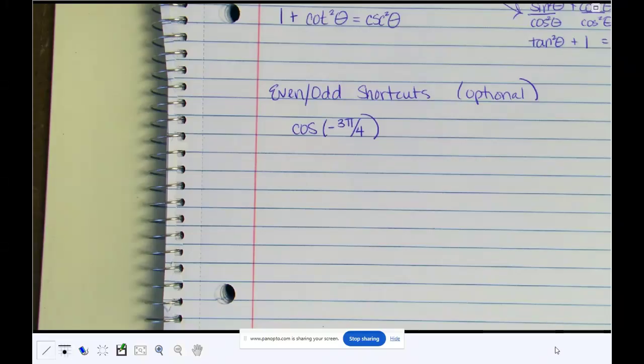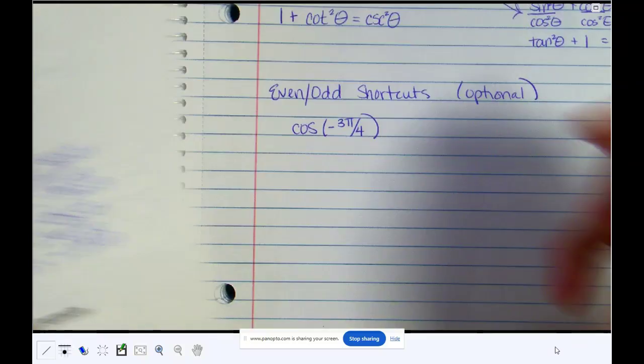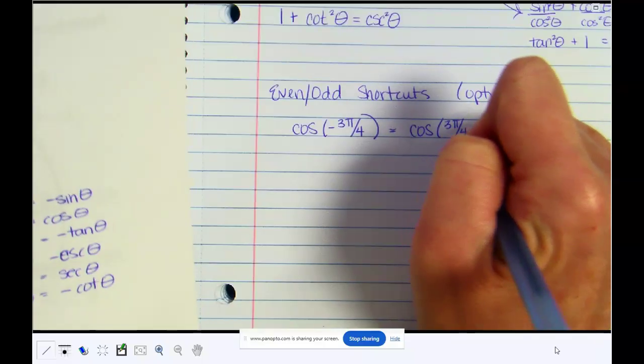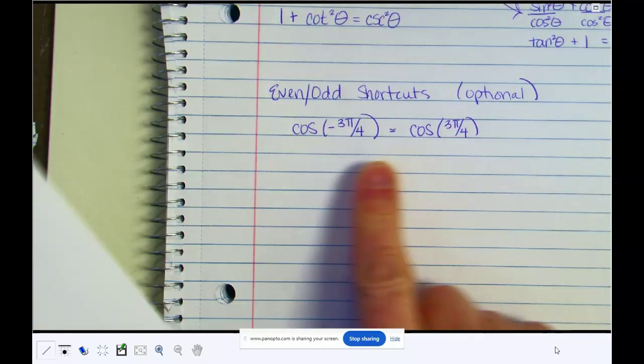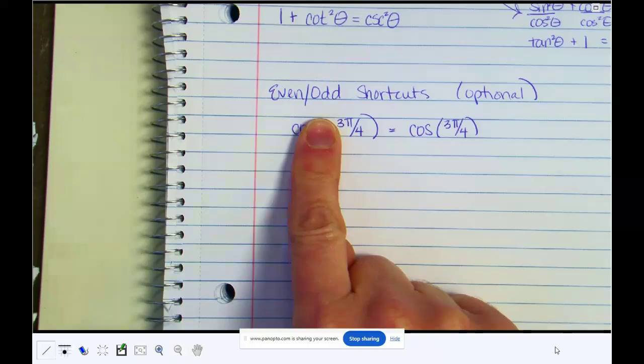Guess what? This shortcut makes it so you don't have to do that because you can use this identity here that says the cosine of negative theta is equal to the cosine of theta itself. So you could be like, oh, this number without its negative is on the chart, right? 3 pi over 4 is on the circle.